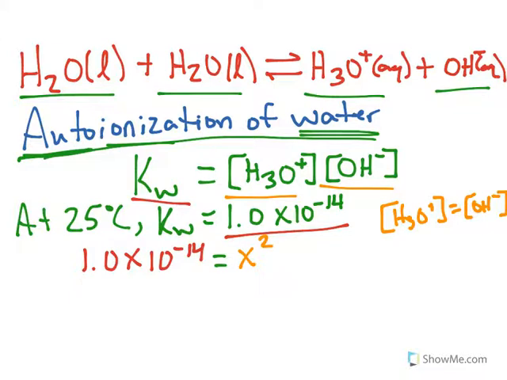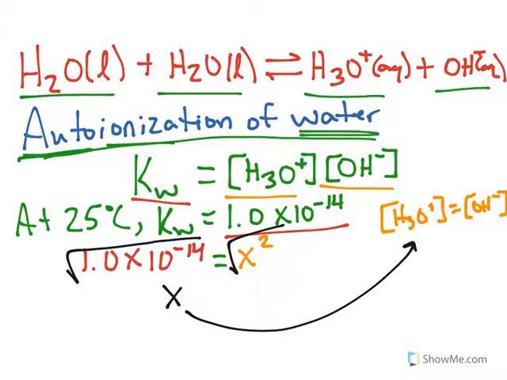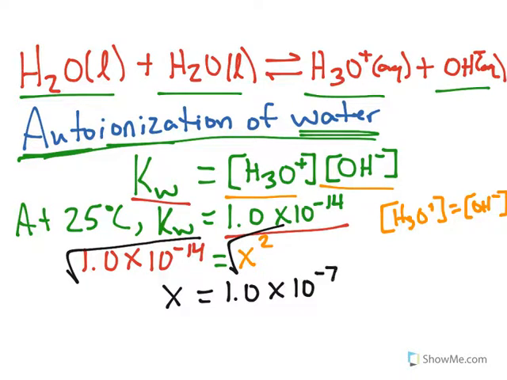Now, we can take the square root of X squared and the square root of our Kw, and that's going to solve for X, which in this case is equal to the hydronium concentration and also the hydroxide ion concentration. So X equals 1.0 times 10 to the negative 7th, and since that is a measurement of concentration, we need to put a unit on it, and that unit is molar.